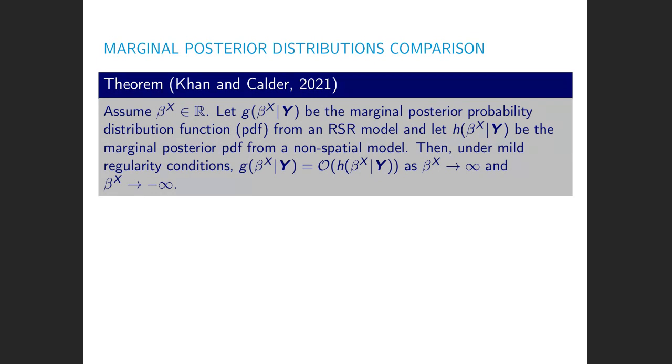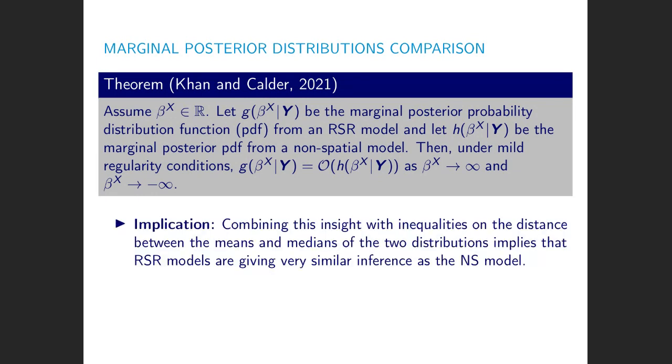So we know for sure that the means are the same, but the tails match as well. The implication is that RSR models are giving very similar inferences to non-spatial models.